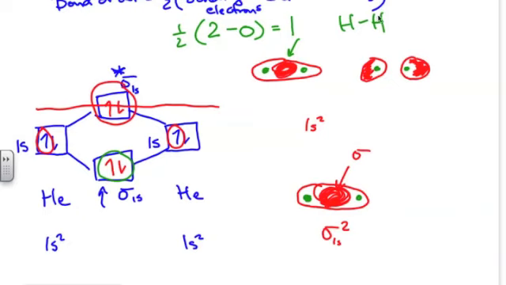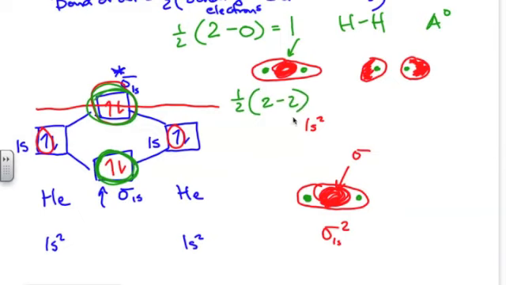And experimentally, if they go and look at the bond length, that all agrees. Now if we look at helium, remember helium does this nastiness here. Again, 1/2: we see there are 2 in a bonding orbital, but then there are 2 in an anti-bonding orbital.